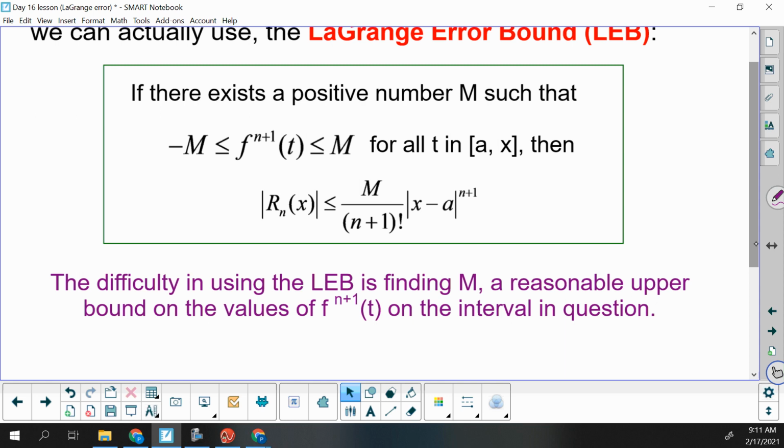The other parts, again, if you have a 6-degree polynomial, that'll just be 7 factorial because it's the next factorial. That would be raised to the 7th. This will end up being the value of our interval where it goes to, and this is our center. So again, we're just finding an upper bound, something nice for that value of M.